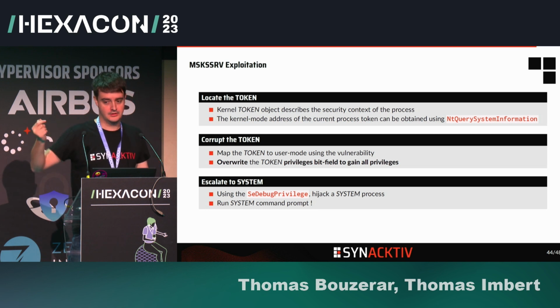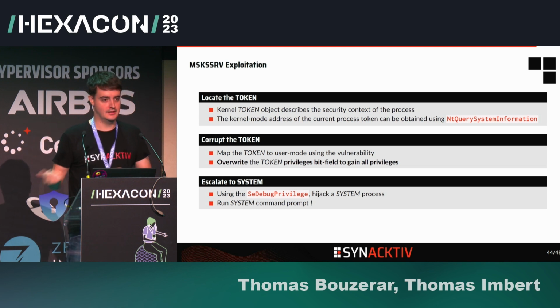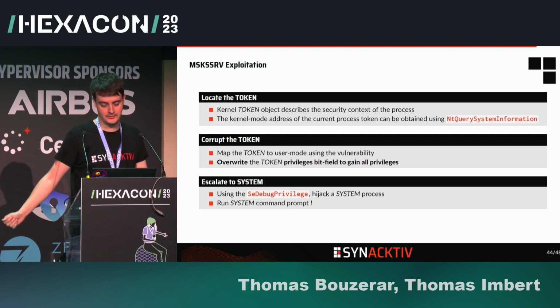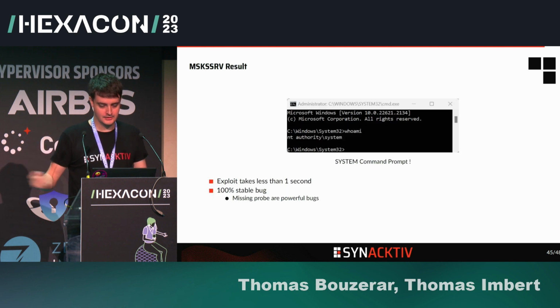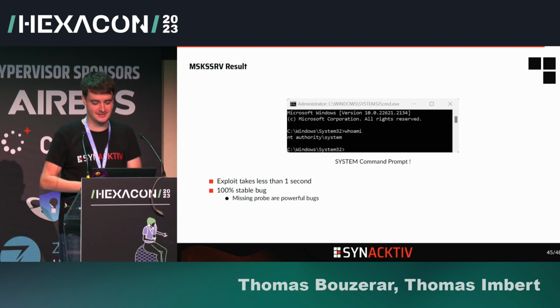So we can directly read the token and write to it, corrupt it. So it makes privilege escalation easier, and we can just override the token privileges, get all privileges on the system, and there are many ways to escalate at this point. We used SeDebugPrivilege to hijack a process that was running as SYSTEM and spawn a shell from it. And so, ta-da, we got a SYSTEM shell.